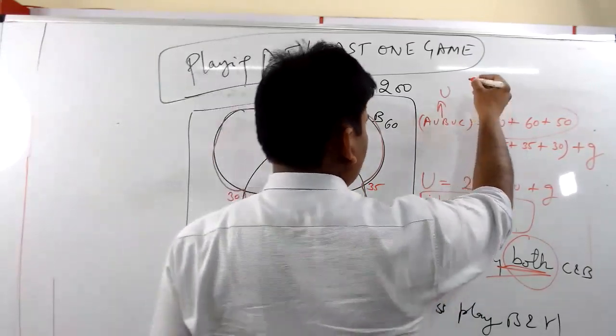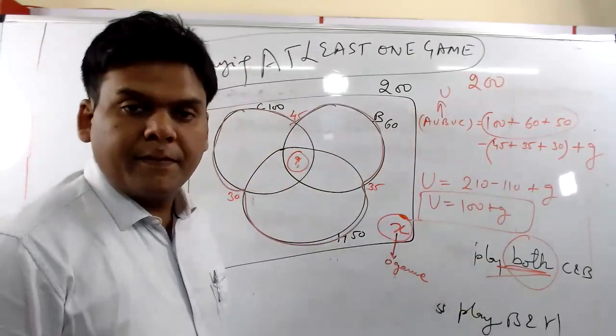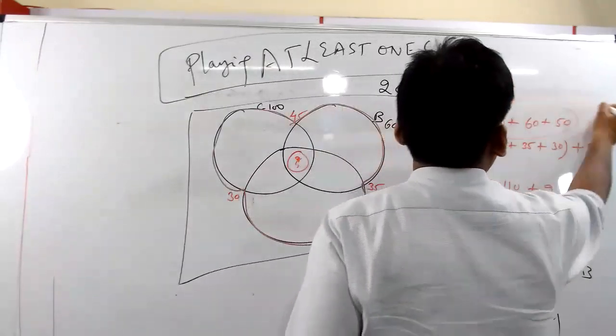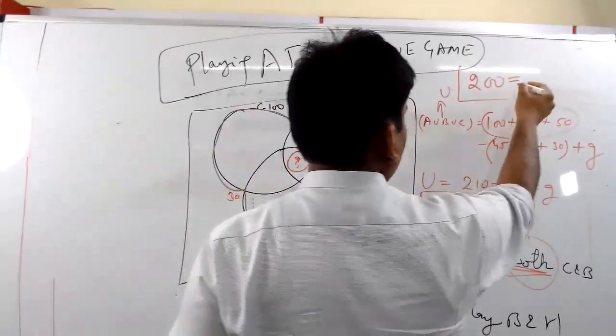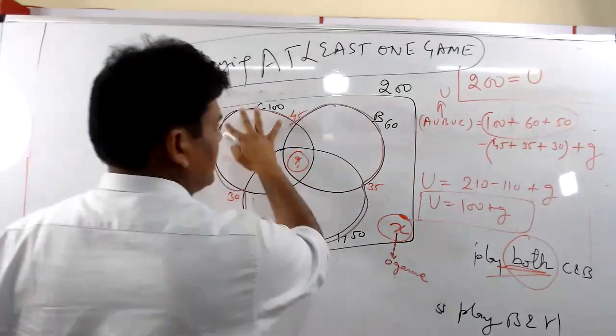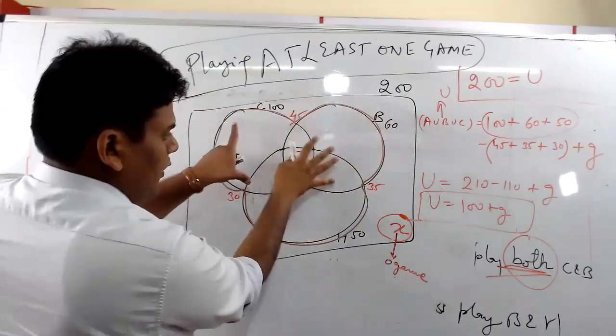So can I also say this 200, is it visible to all? Thank you. 200 is equal to U, playing at least one game. This total I am taking it as U. This total, right?